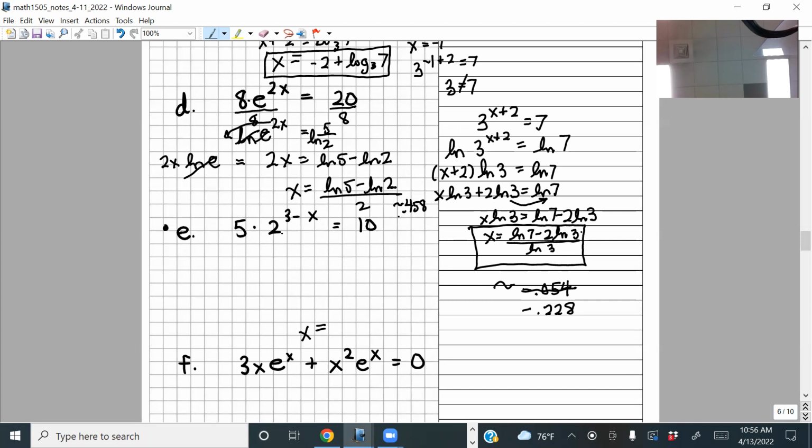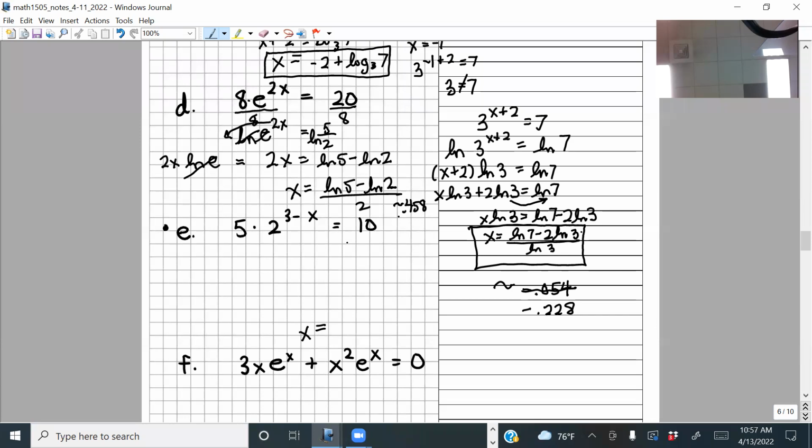Divide by 5, yeah, get the 5 out of the way first. So divide both sides by 5, and that's easy in this case. And then the key step is what? ln. Yeah, apply natural log.